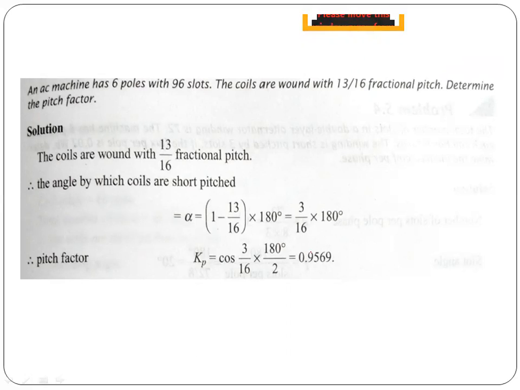The angle by which the coils are short pitched, alpha, equals 1 minus 13 by 16 into 180 degrees. So we get 3 by 16 into 180 degrees. So the factor Kp equals 0.9569. So we have got this value.